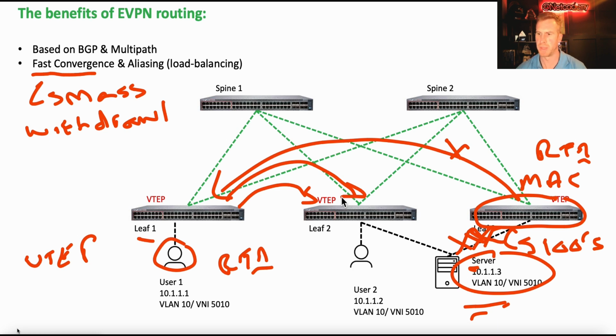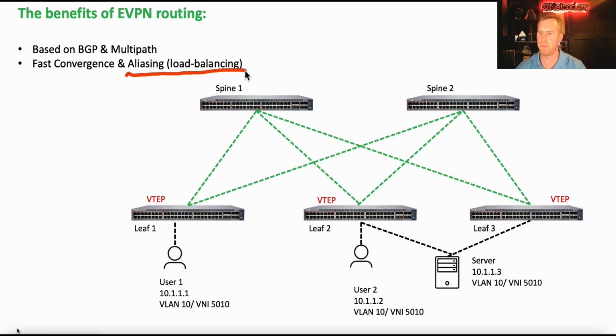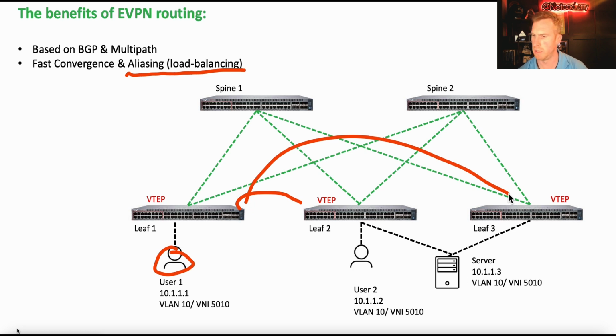Fast convergence. But what is aliasing? Well, if we turn this on its head and look at the flip side, user 1 doesn't know that it can go via this route here or that route there, to leaf 2 or leaf 3, essentially to get to this server. It doesn't know, and quite frankly, it doesn't care. It doesn't need to know.